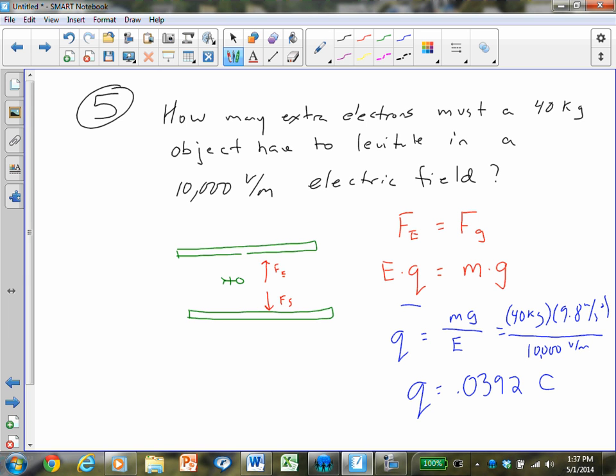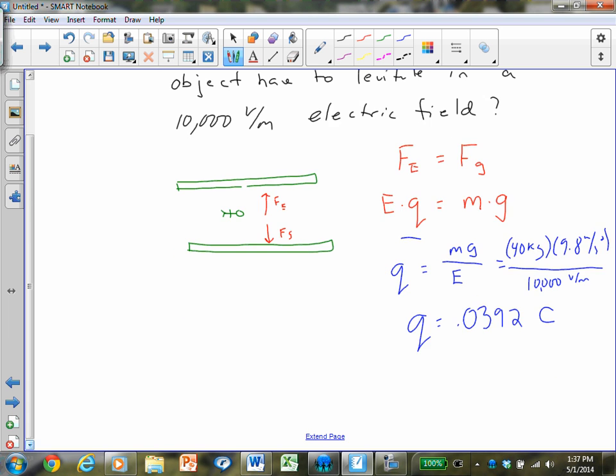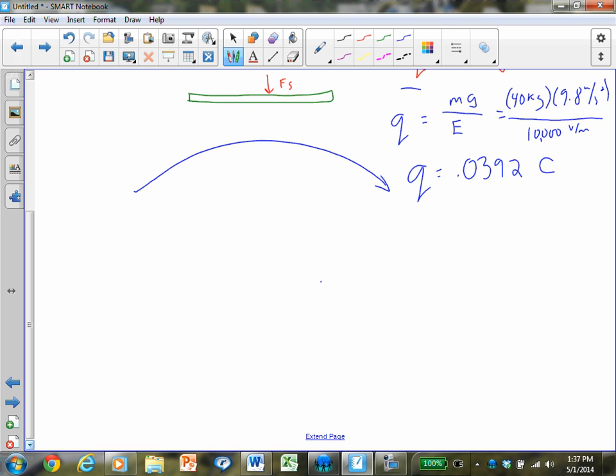Okay? And then we can convert that to electrons. What am I going to use as a conversion factor?